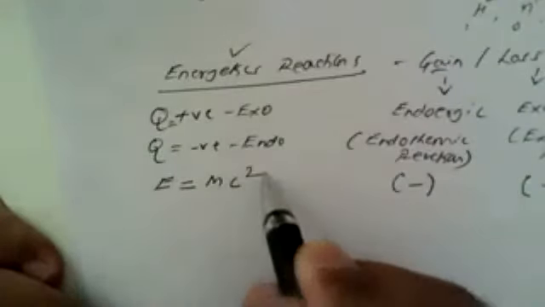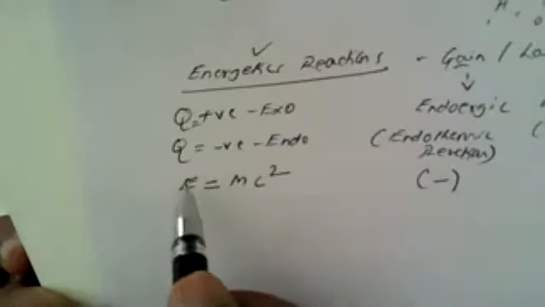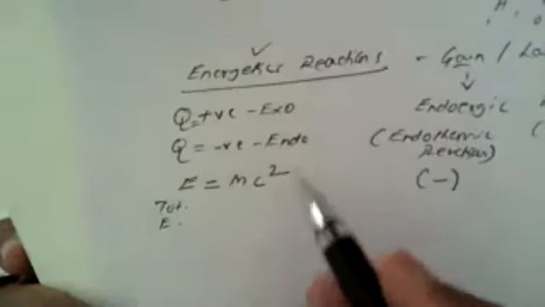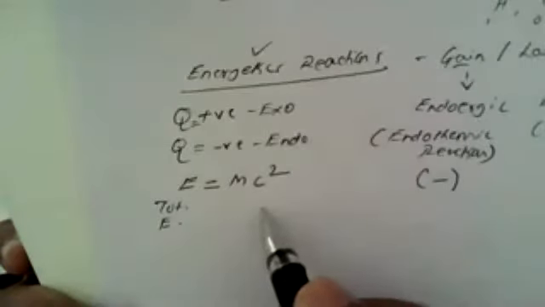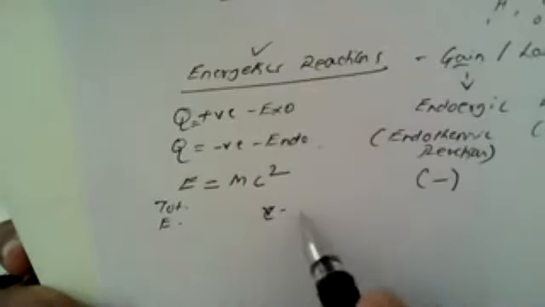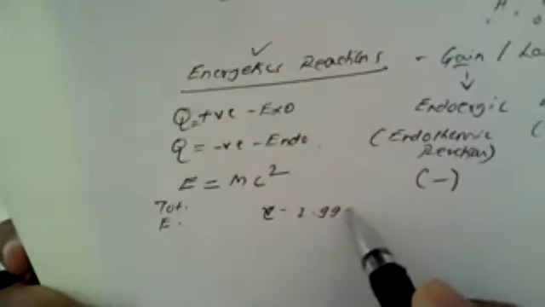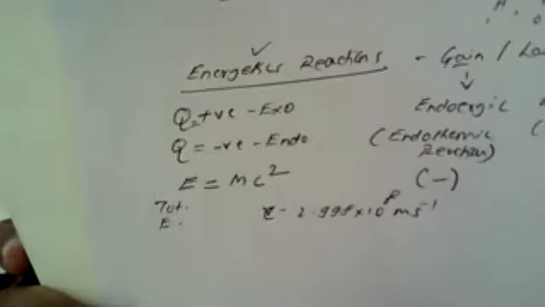E is equal to mc square, where E is the total energy, m is the mass defect, and c is the velocity of light, which is a fixed value, 2.998 into 10 raised to 8 meters per second.